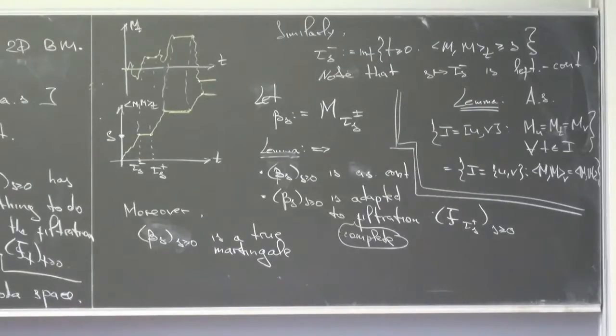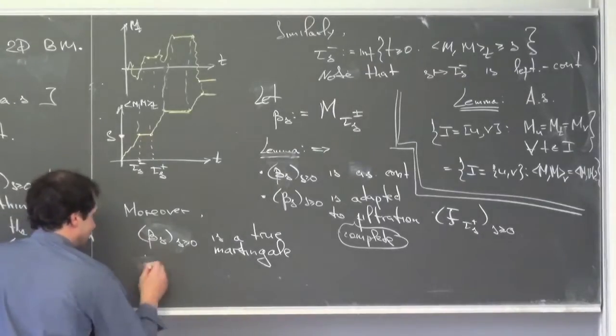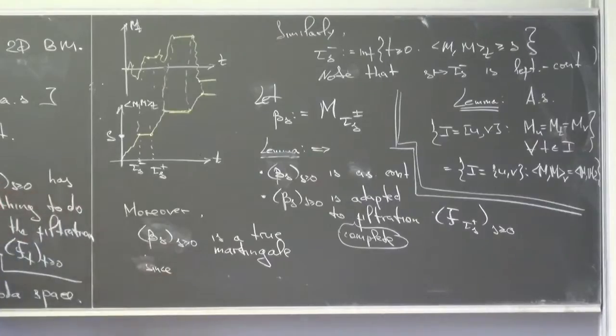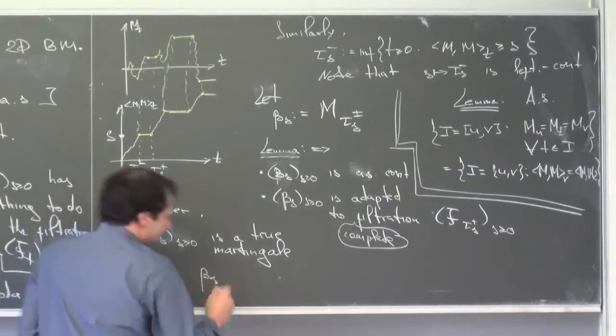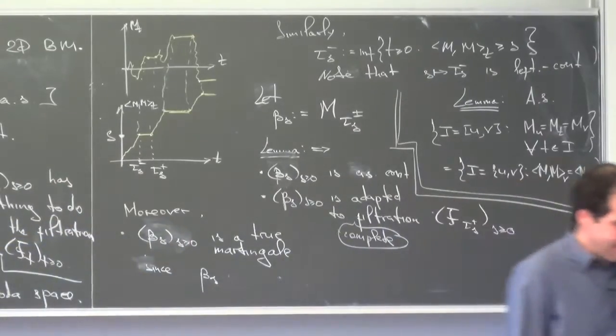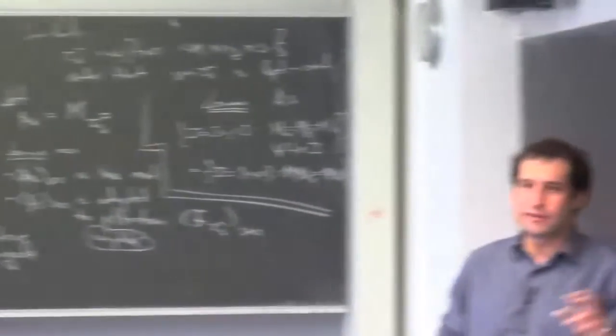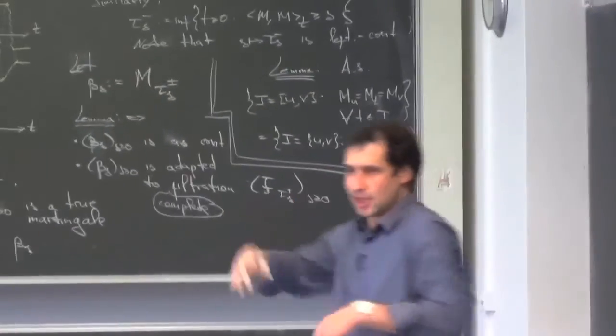Why? Just because, okay, it's trivial. What can be the problem? The problem could be only if the quadratic variation is very big.